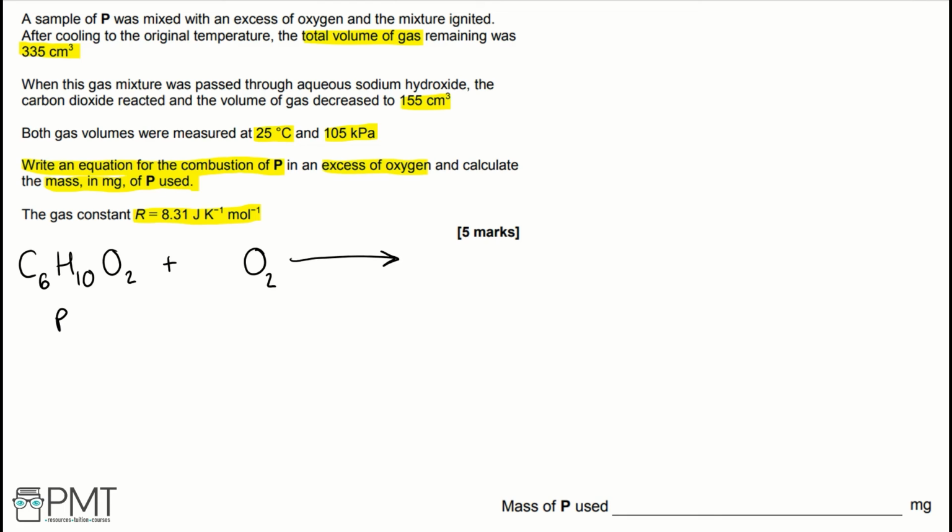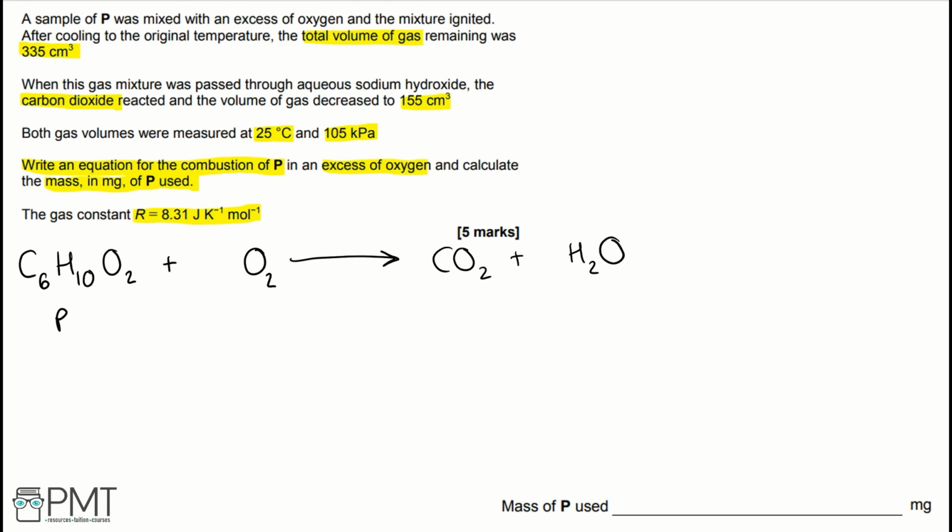There's two different types of combustion, complete and incomplete. When you have complete combustion, you form carbon dioxide. Incomplete combustion, you form carbon monoxide. In this case, we know we're forming carbon dioxide, so we're going for complete combustion. So that's CO2 and water.